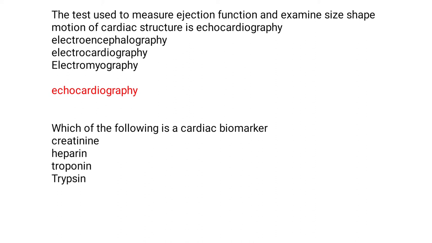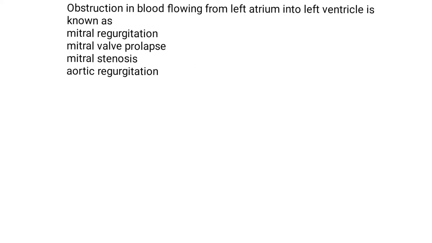Which of the following is a cardiac biomarker? Options: creatinine, heparin, troponin, trypsin. And the answer is troponin. Next question. Obstruction in blood flowing from the left atrium into left ventricle is known as mitral regurgitation, mitral valve prolapse, mitral stenosis, aortic regurgitation. And the answer is mitral stenosis.